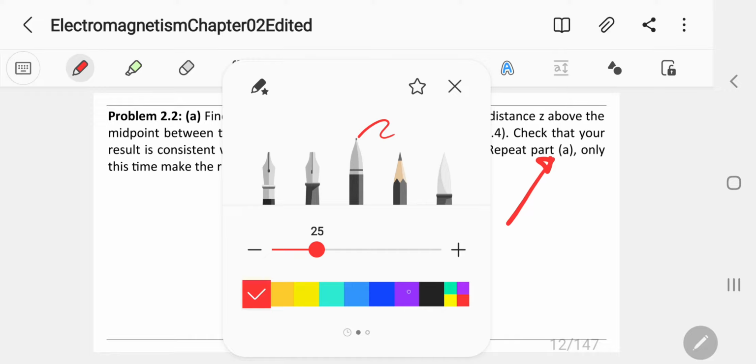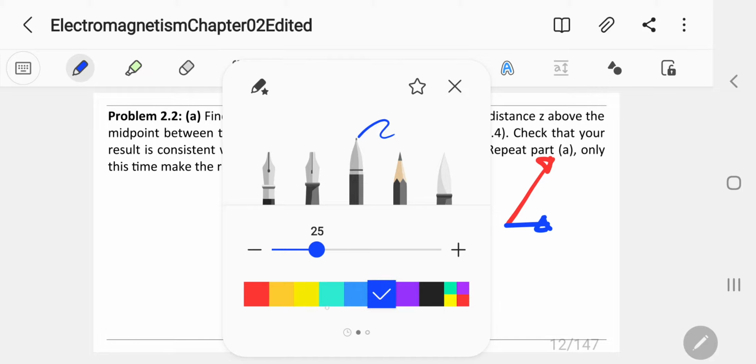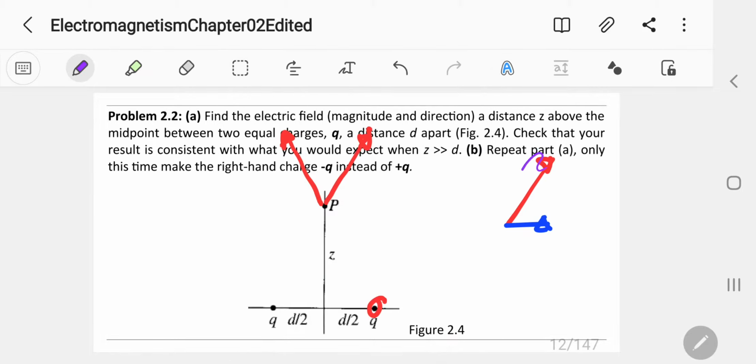Let's put the x and y components. So this is the x component, for example, and the y component would be here.